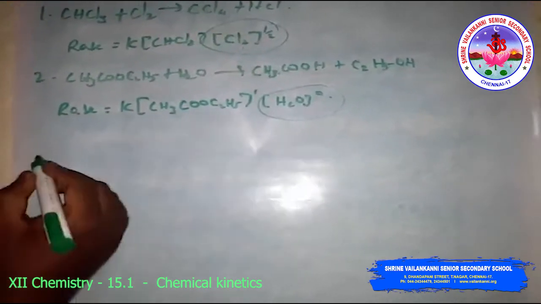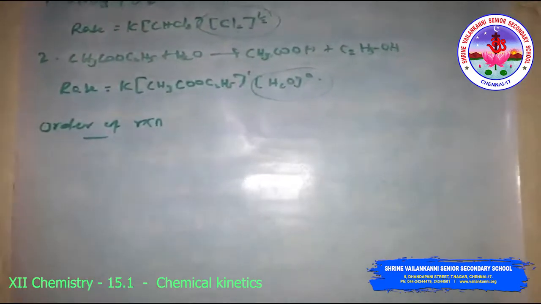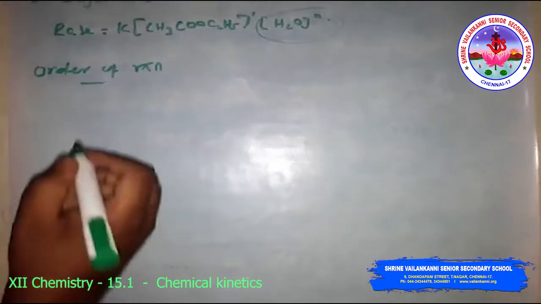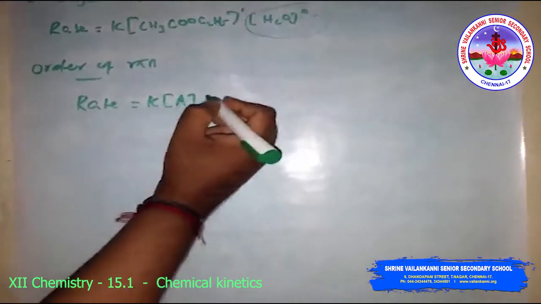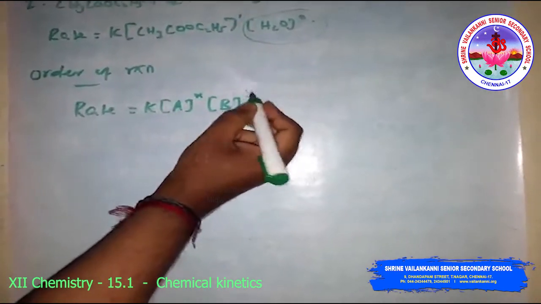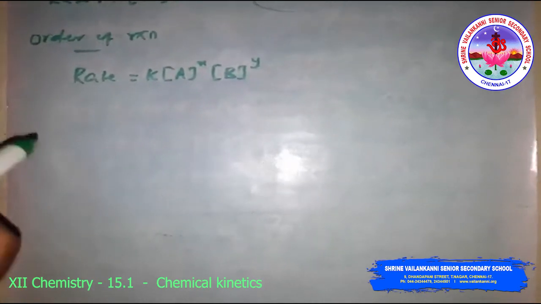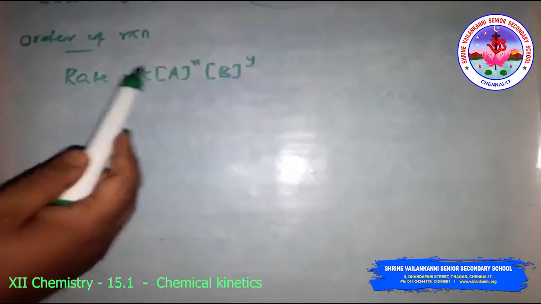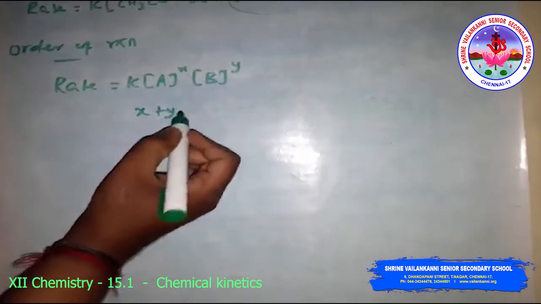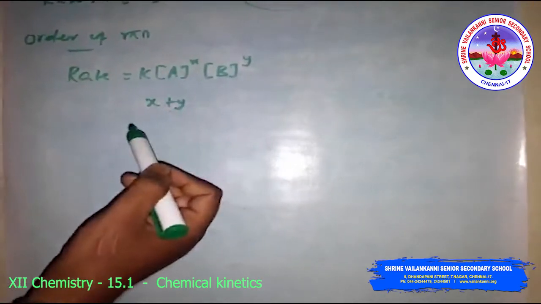Then next is the order of reaction. The rate equation we already know: rate is equal to K into concentration of A power X into concentration of B power Y. Here X and Y indicate how the intensity of the rate changes with the concentrations of A and B. The sum of the exponents, X plus Y, gives the overall order of the reaction.